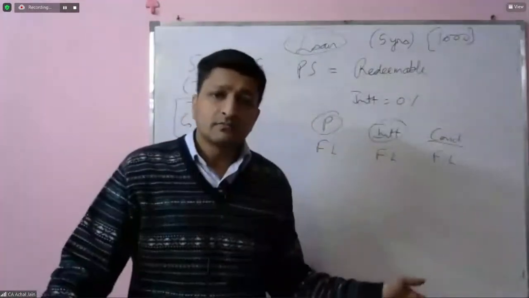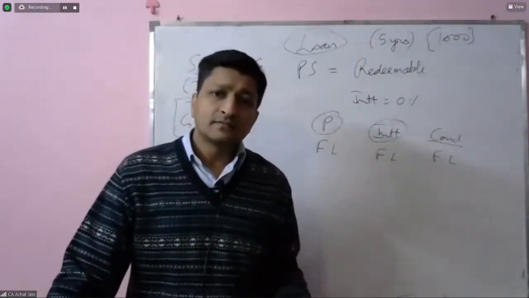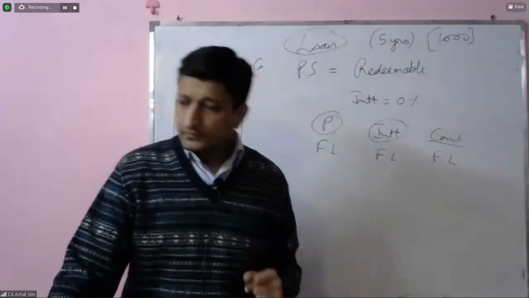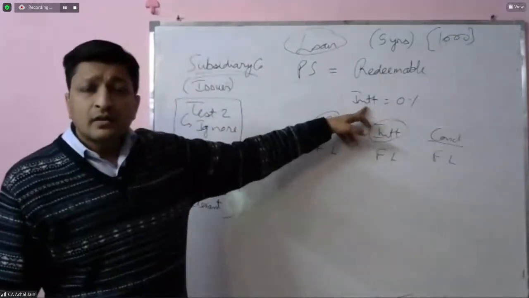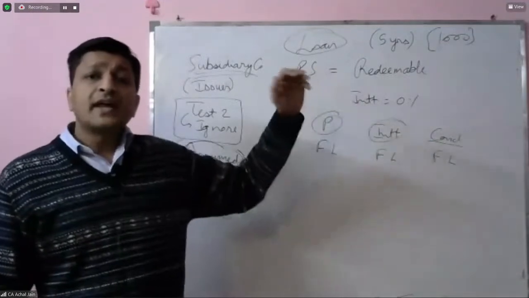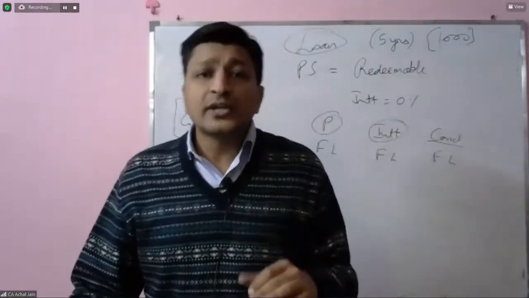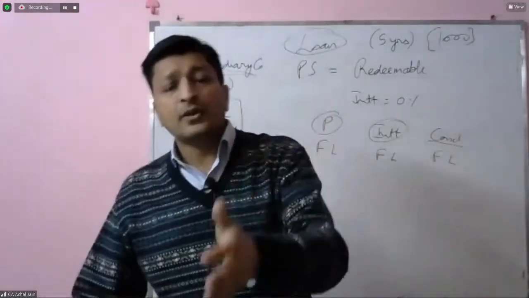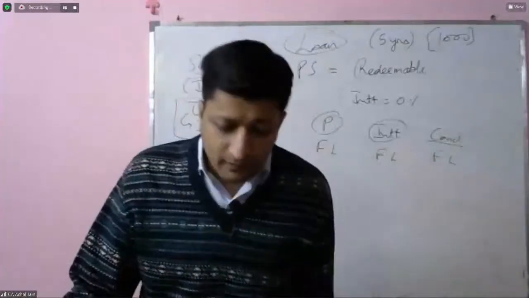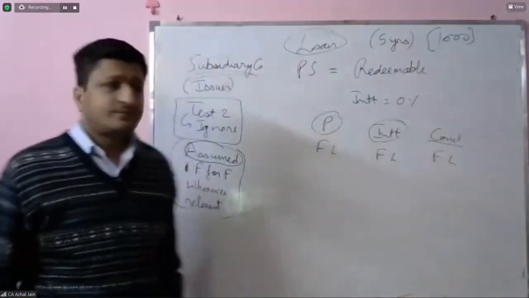It's 0%. I'm saying whatever is the percentage that has to be paid, yes or no? But because it's 0%, it's implied that interest is not getting paid year on year or even at the time of repayment of the loan. That's why what will happen?